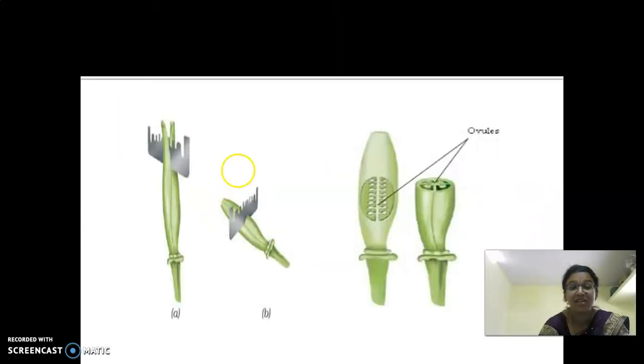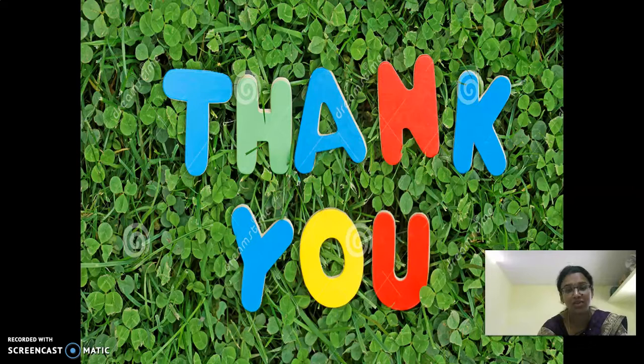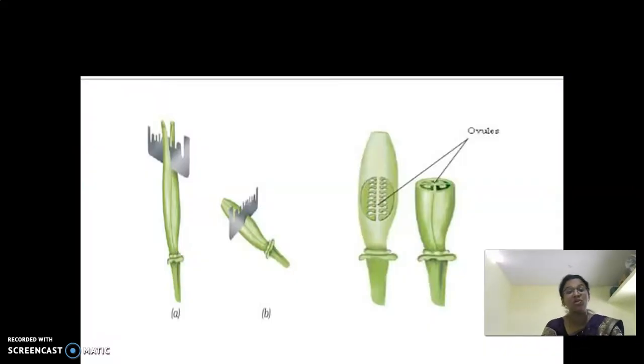Next thing is the transverse and longitudinal cut. What is it? Transverse and longitudinal cut. I said you have this, right? So take a blade and cut this part and observe what is there inside it, okay?